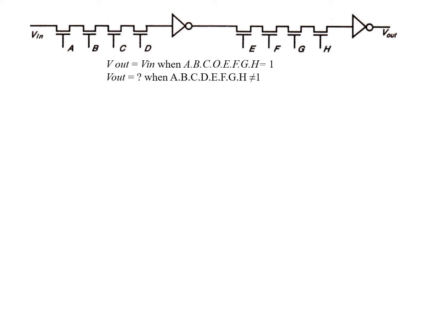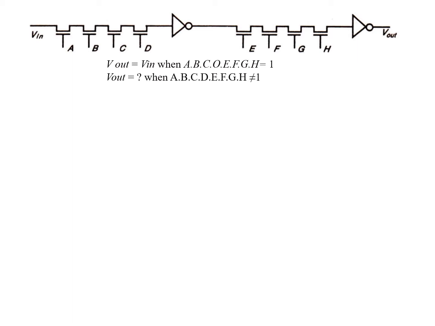A, B, C, D is connected to Vin, E, F, G, H are connected to the output of your inverter 1, then connected to the input of the inverter 2, and the output is obtained here.